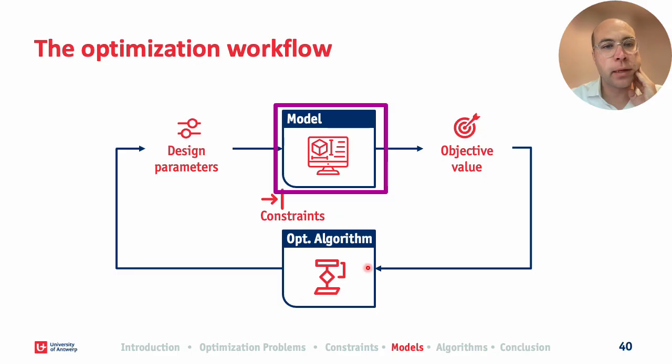It's not by going in depth in mathematics that we will be able to harness the power of the optimization. Our strength lies in modeling what we want to build. If we have a model, we can optimize. And the optimization algorithm should just bring the design parameters. We should define our constraints, try to know them, try to quantify them, try to have a clear view on them, and then the model can transfer the design parameters into an objective value.